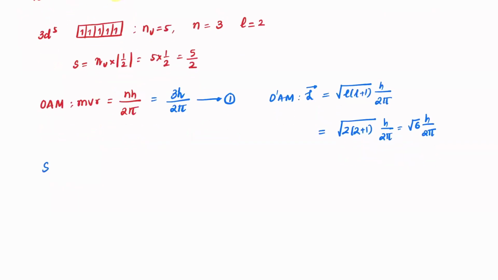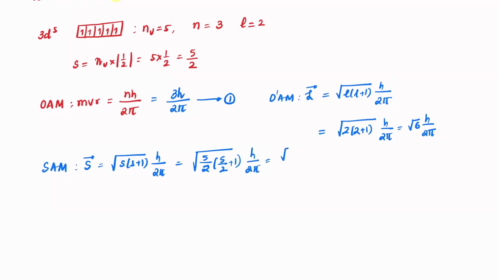Next, spin angular momentum S is written as under root of S into S plus 1 h by 2 pi. And S value we already learned as 5 by 2. So under root of 5 by 2 into 5 by 2 plus 1, that makes it under root of 35 by 4 into h by 2 pi.